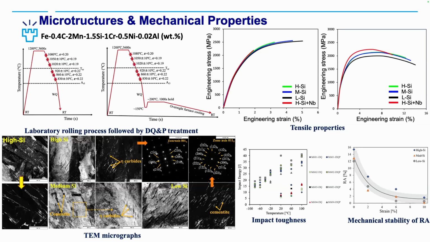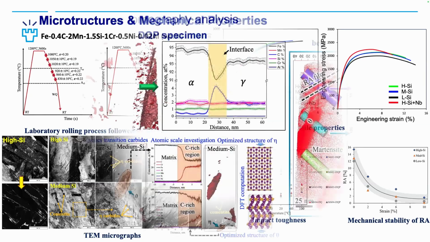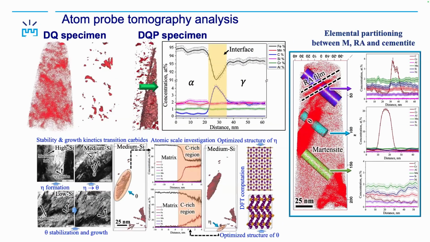Next, we also wanted to see how carbon diffuses from martensite to austenite. In order to check that, we have conducted atom probe tomography experiments. Here you can see that in the case of the direct quench specimen, which consists mainly of martensitic lath, there are only a few clusters present inside the martensite. But in the direct quench and partition condition, we can clearly see the carbon enriched retained austenite.